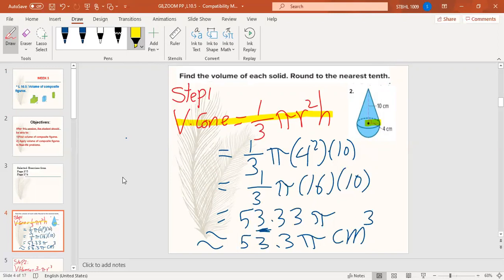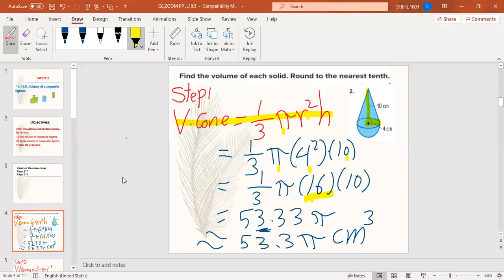And the height of the cone is 10 centimeters. We will substitute 1/3 as it is, keep pi, and r squared means 4 squared, times height, which is 10. 4 squared equals 16, and we will multiply 1/3 times 16 times 10.